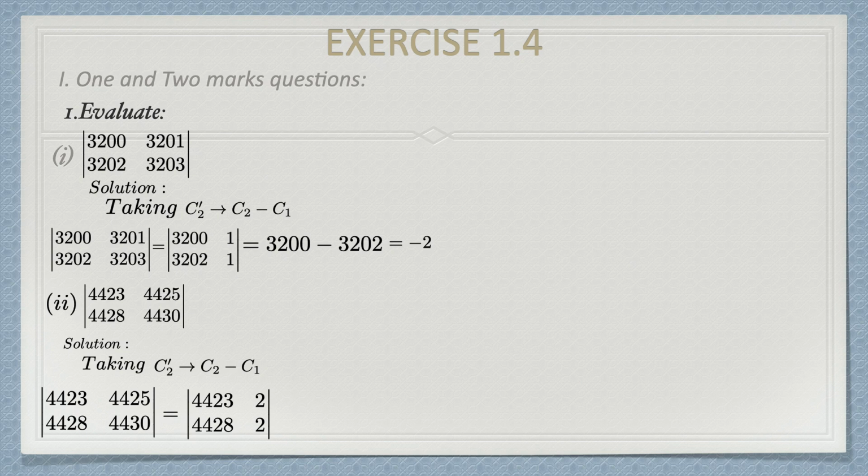Now in this, 2 is common. In the second column, 2 is there. So we will take the 2 outside. Now in the determinant 1 1 is there. We will expand this determinant by multiplying 4423 into 1 minus 4428 into 1.